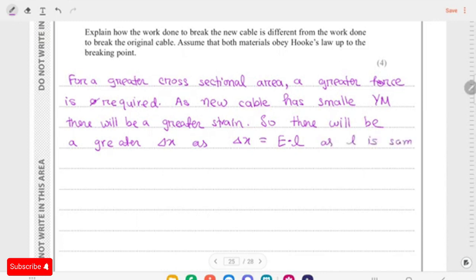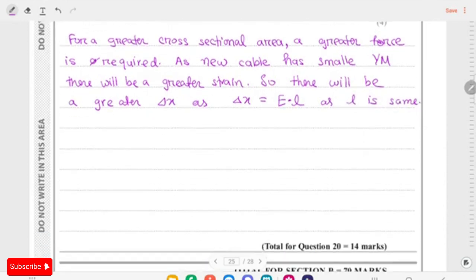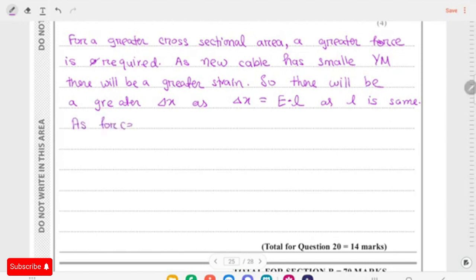Now, if both delta x, the extension, and force are increasing, then obviously the work done to break the new cable is greater than that of the original cable, right? So we can write that delta x represents extension.